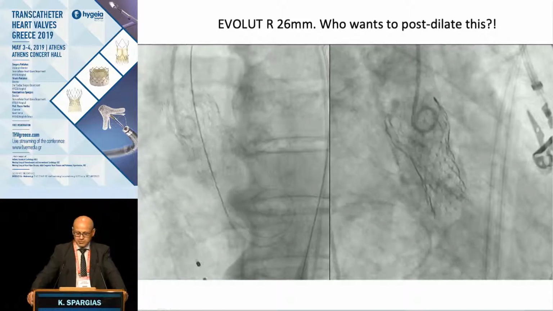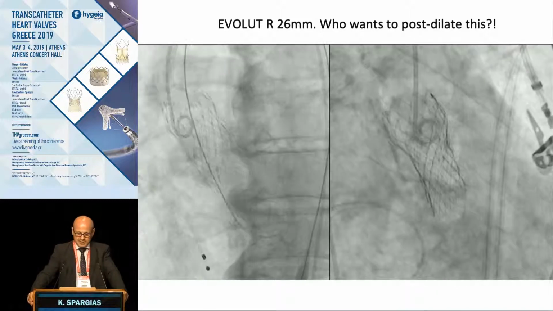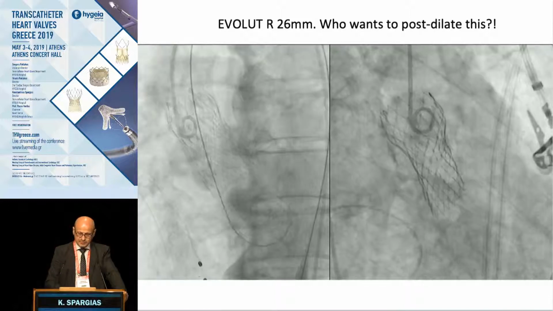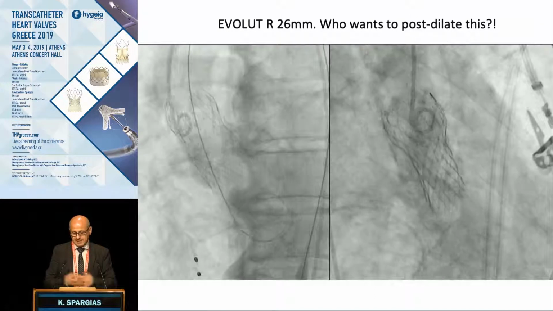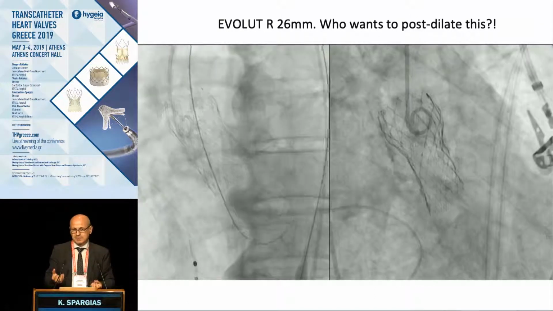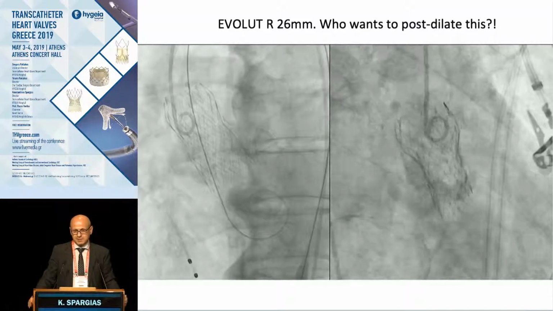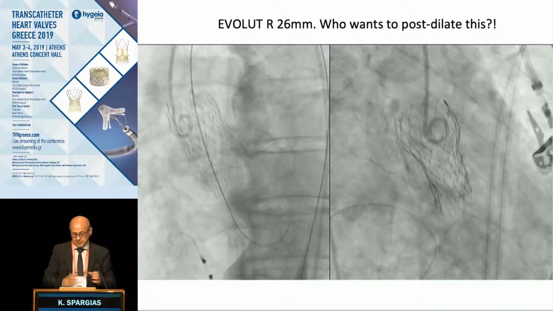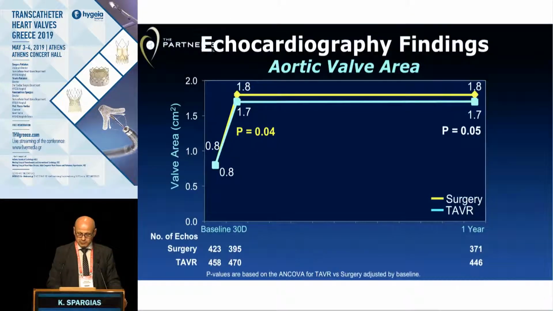But who wants to post-dilate on this annulus? I wouldn't. So we didn't, and we have a very good hemodynamic result. So these two examples give you the sense about the balance decision you have to make in these cases between retention of circularity down there or safety when you have a lot of calcium.